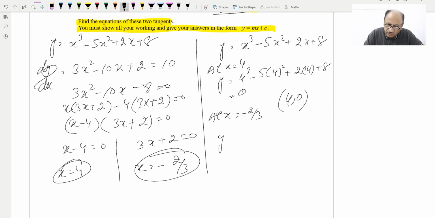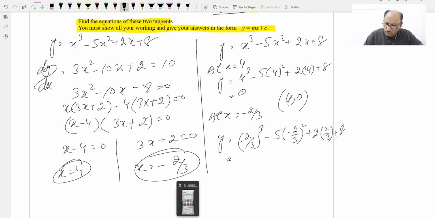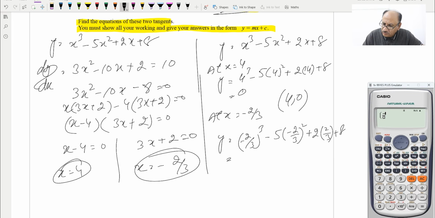And if x is equal to minus 2 by 3, we can write y is equal to minus 2 over 3 cubed, minus 5 into minus 2 over 3 squared, plus 2 into minus 2 over 3, and then bracket close and plus 8.